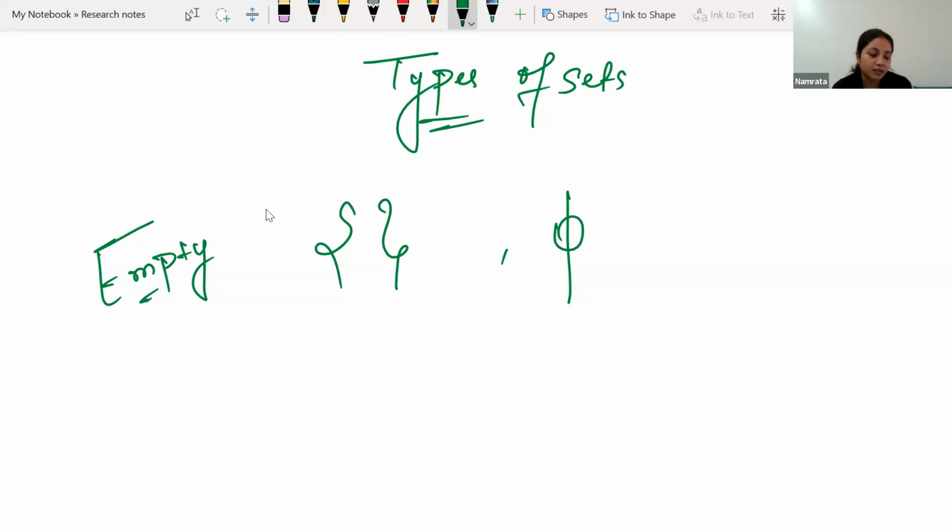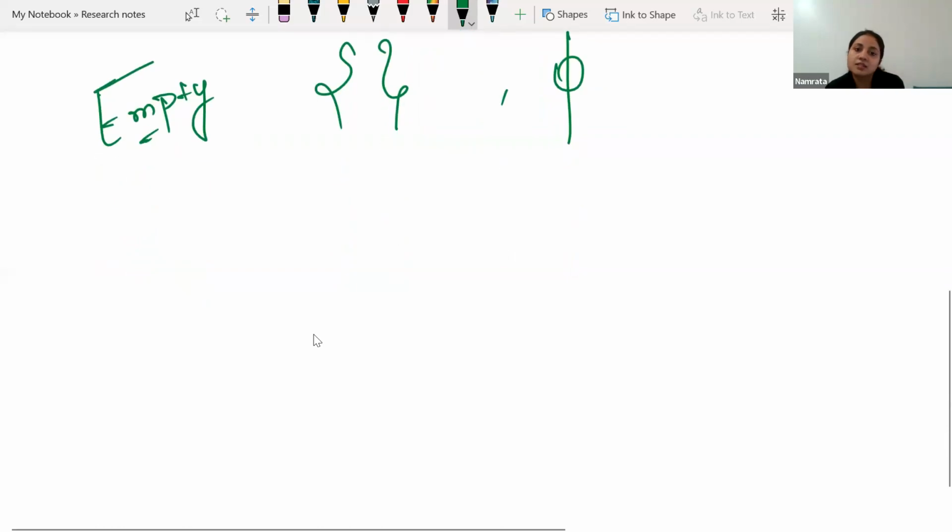An example of an empty set is the set of students who are studying in class 10 and class 11. It is not possible that one single student is in class 10 and that same student is in class 11 also. So we can say this will be an empty set. That is impossible.